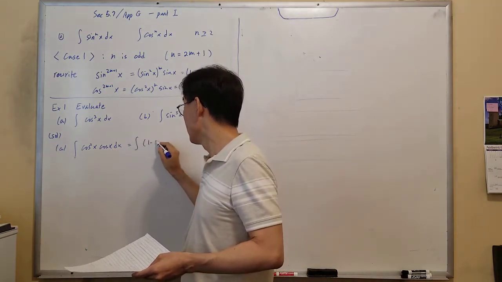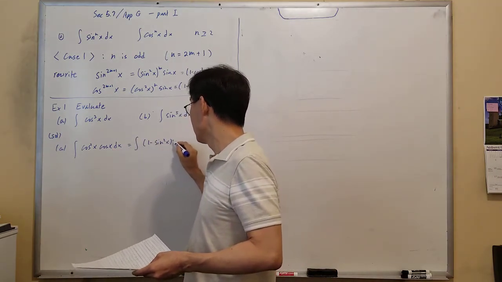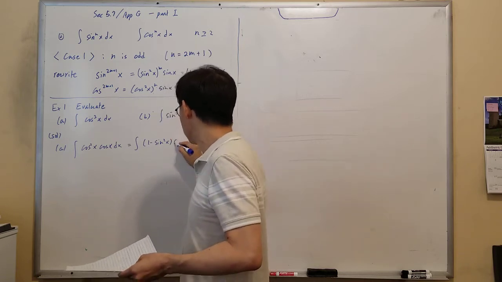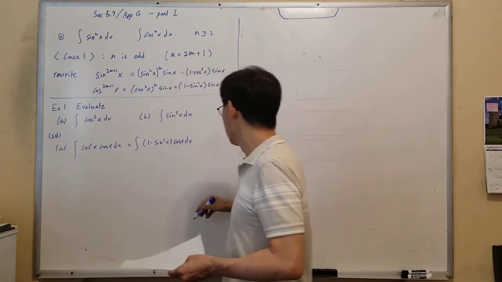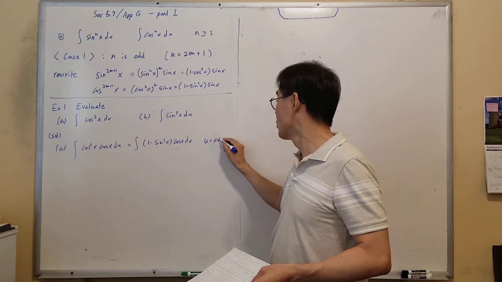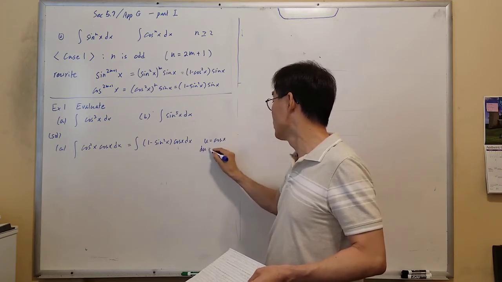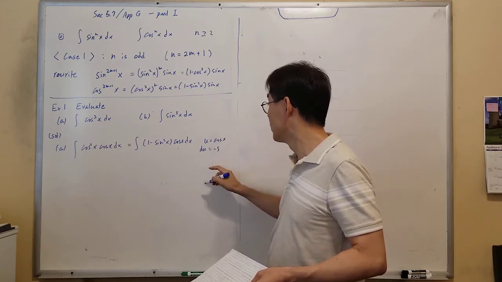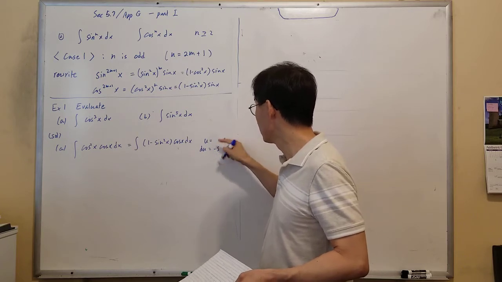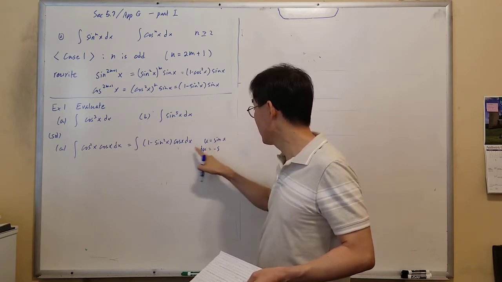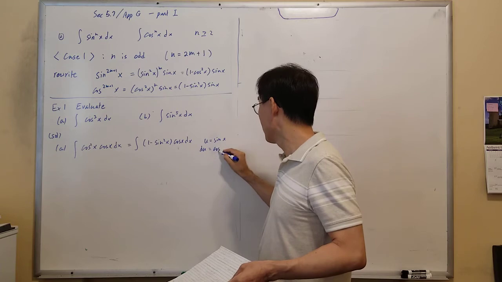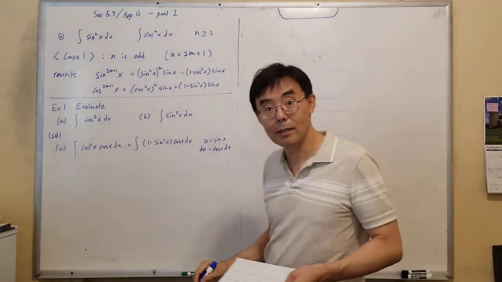And then this, you can rewrite it like this, times cosine x dx. Now, substitution u equals sine of x, du equals cosine of x dx, right?